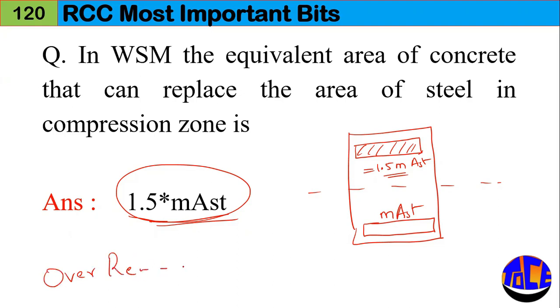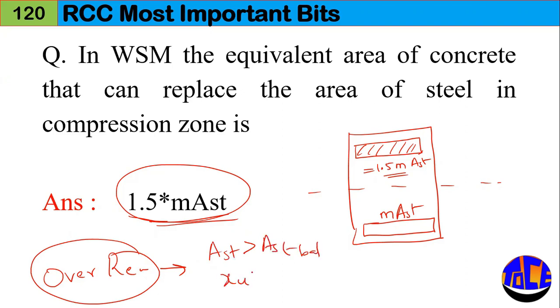In the over reinforced section, you can figure out whether it is over reinforced or under reinforced. For an over reinforced section, the AST will be greater than the AST balance, XU will be greater than the XU limit or XU balance, and similarly MU will be greater than the MU limit or MU balance.